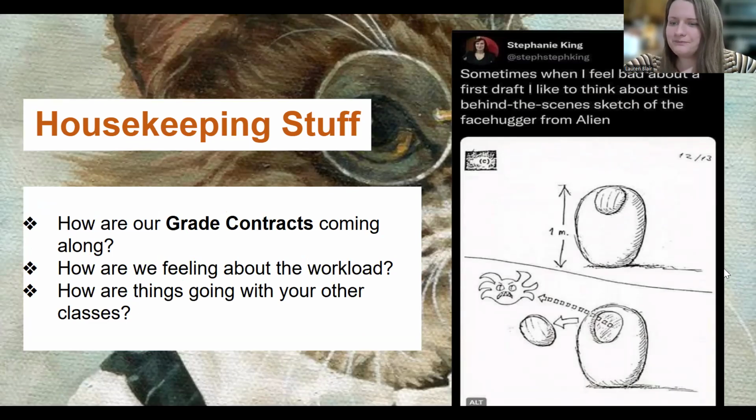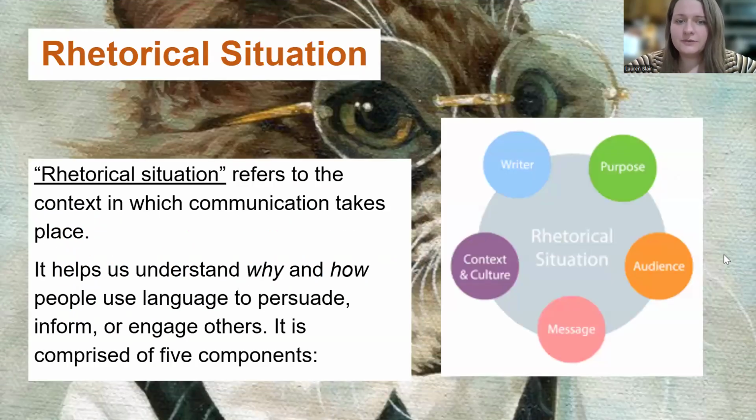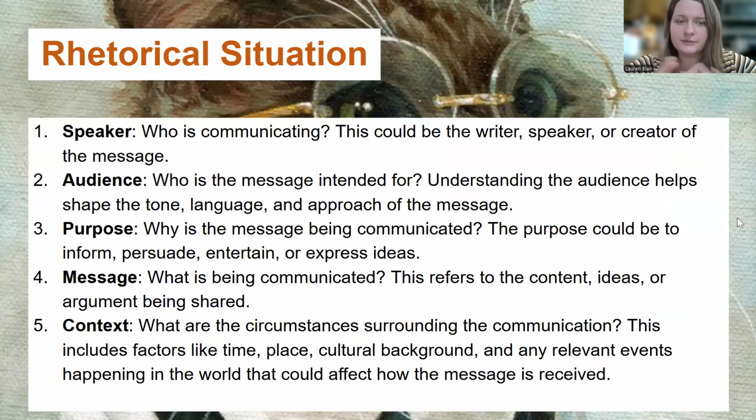You're doing awesome. So, a rhetorical situation refers to the context in which communication takes place. It's made of these 5 different aspects. You have the writer or the speaker, the purpose, the audience, the message, and the context and culture it belongs to. This page looks at those a bit more in depth. The speaker is, of course, who is communicating.